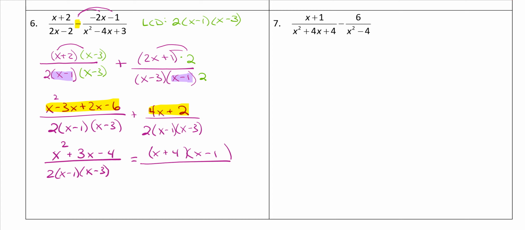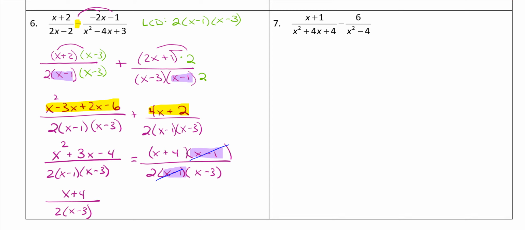That would add to 3x. So notice in this case, we actually are able to simplify this down further because we have this x minus 1 in common. So those two things are going to cancel, and we're going to be left with x plus 4 in the numerator over 2 times x minus 3 in the denominator.